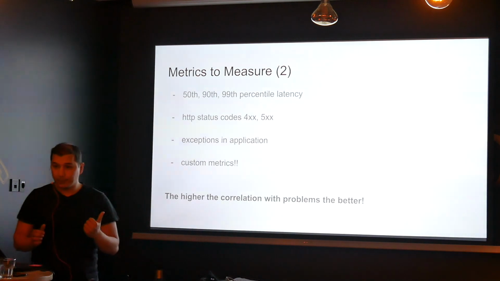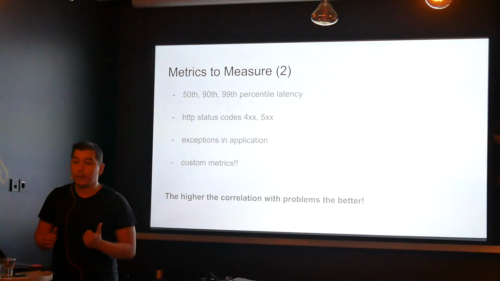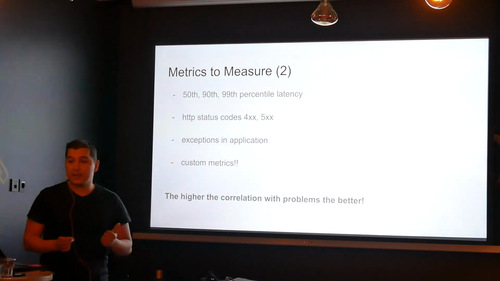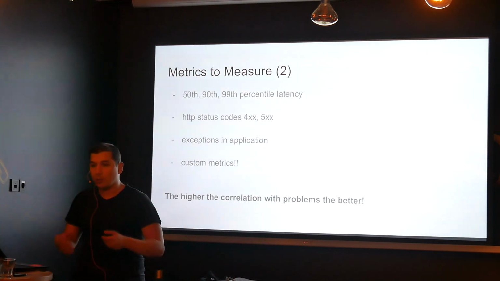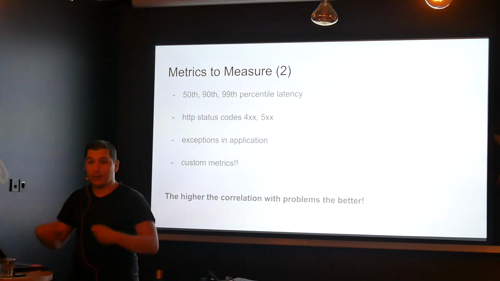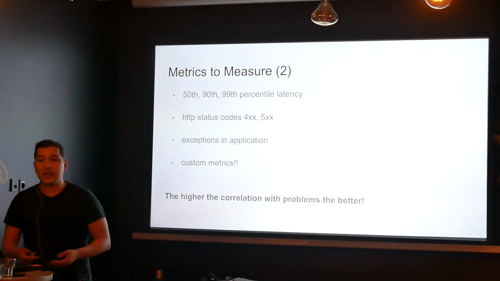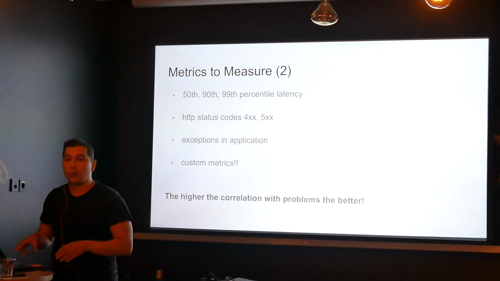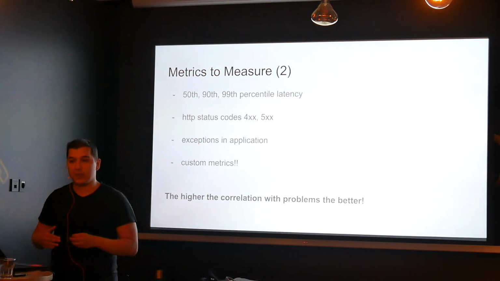Have you got an example of a good custom metric? Yeah, for example, we have something in Careem called the assignment ratio. Careem is ride-hailing, so you kind of want a car, and then you assign it to a specific category. If some services are not working fine, that assignment ratio drops.